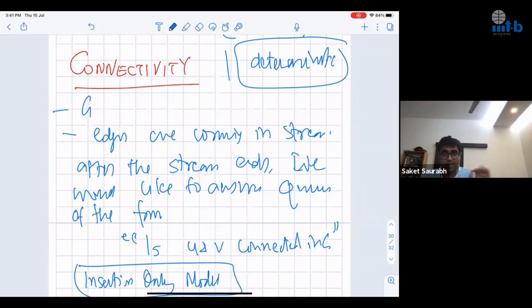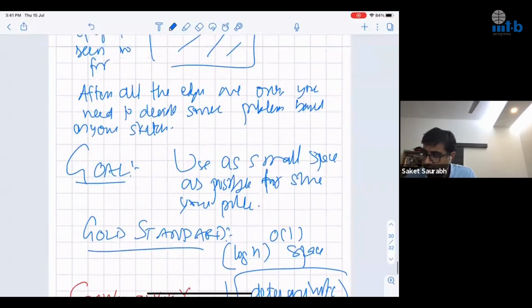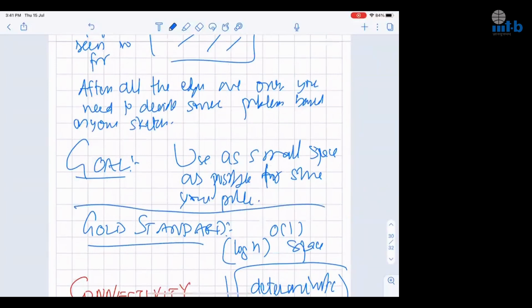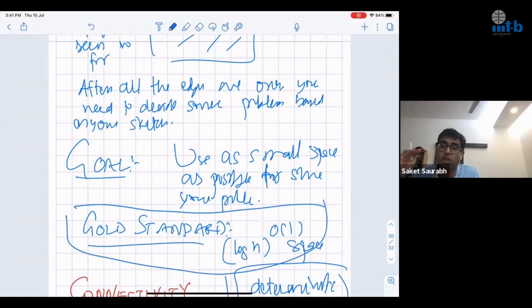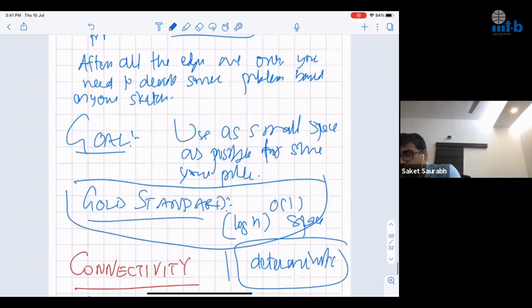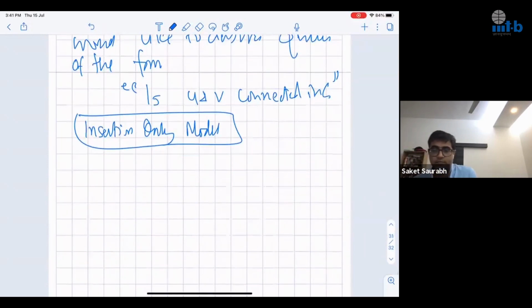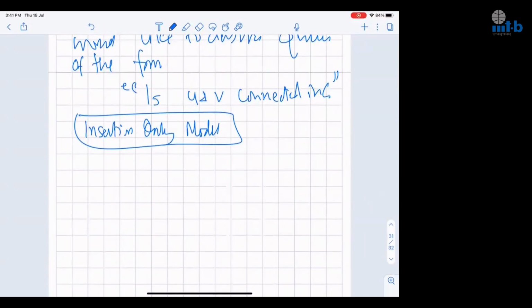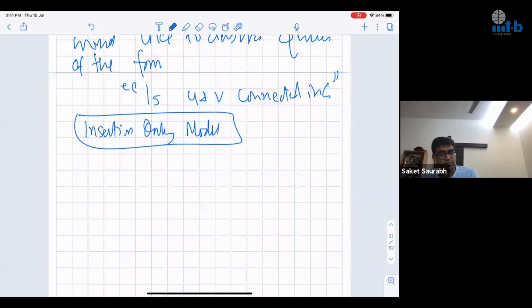No, don't worry about that. That's a gold standard. We may not be able to achieve this. So forget about that. I just want to know if you use this strategy, how much space will it take?